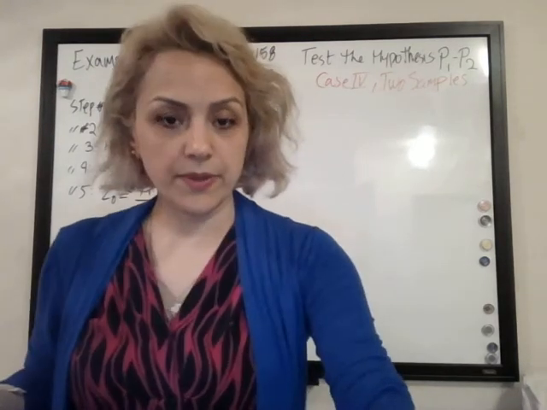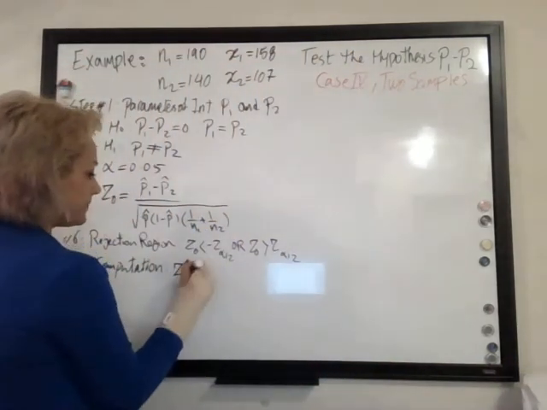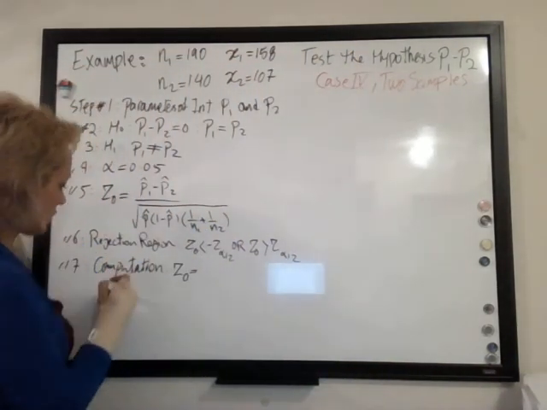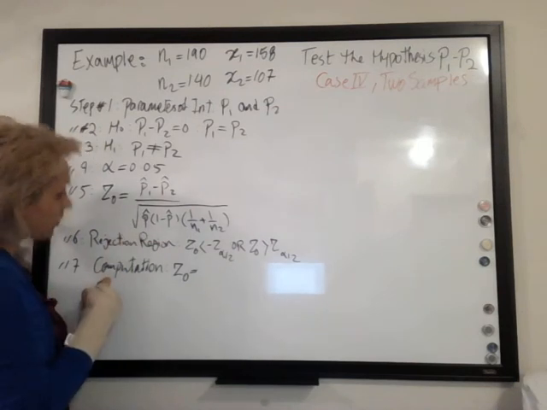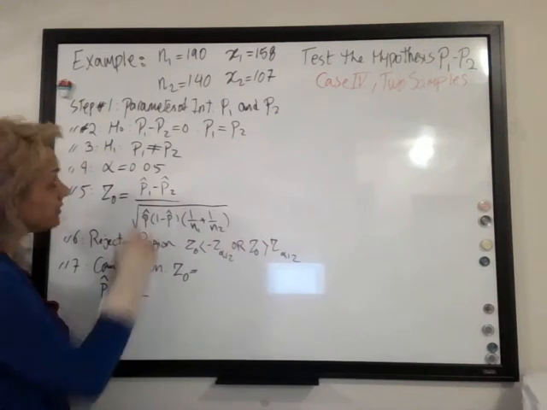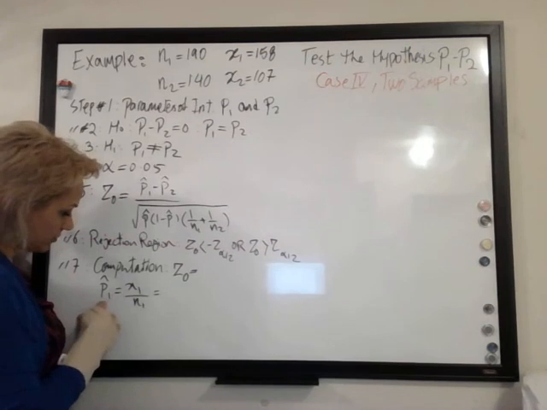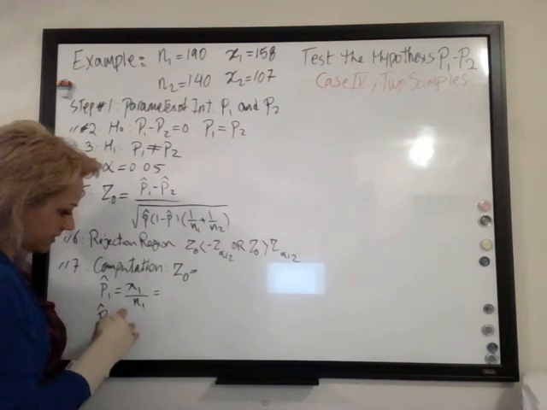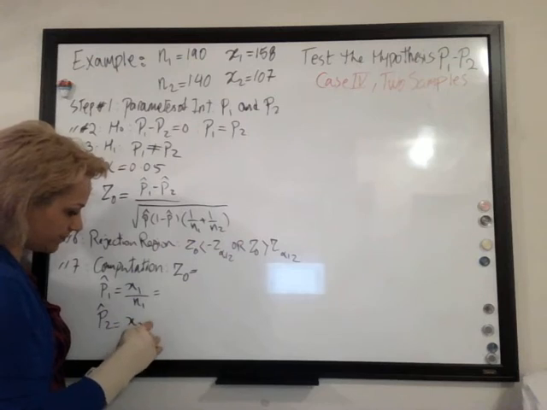The P1 estimate is going to be X1 divided by N1. And P2 estimate is going to be X2 divided by N2.